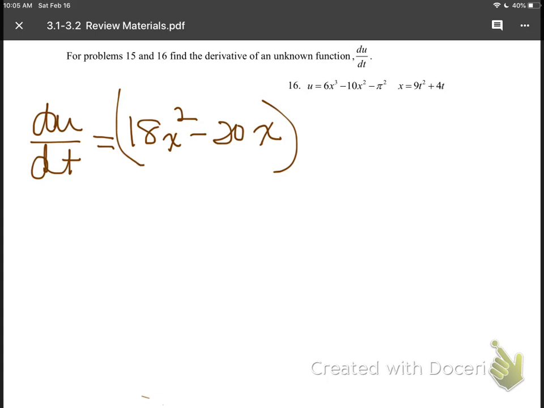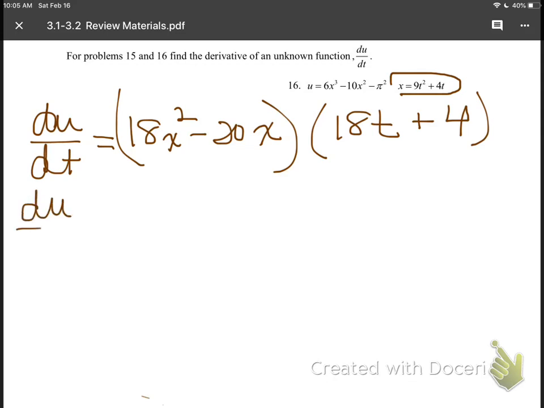All that is being multiplied by 18t plus 4. Now we have to do some switching out because we have x's in here and I can't have x's. So wherever I have an x, I'm going to replace it with the expression right here, 9t squared plus 4t.